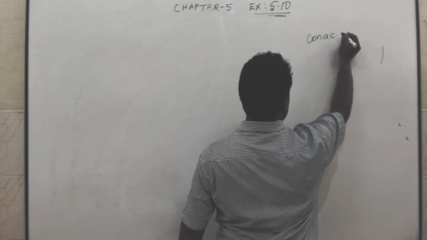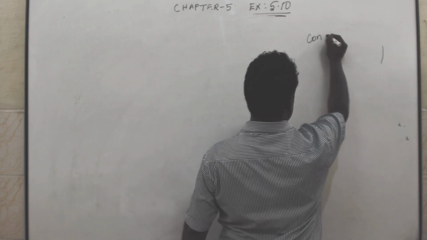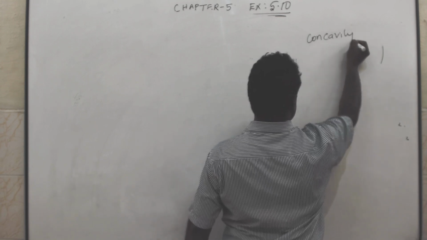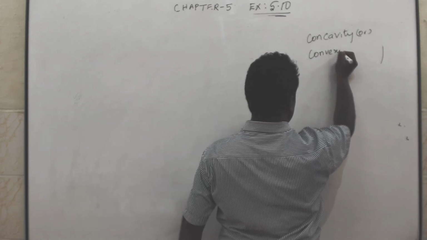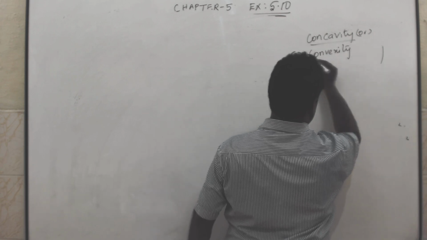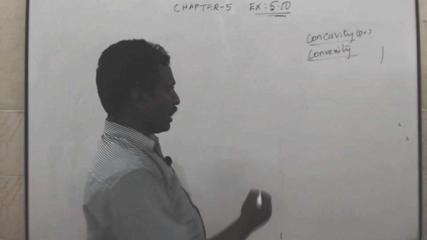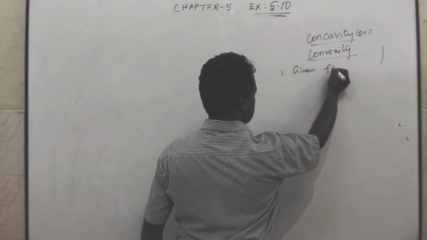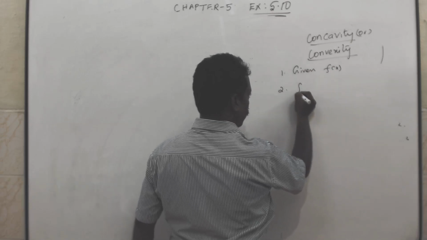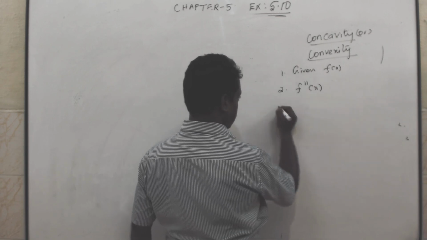Concavity or convexity. Step number 1, given f of x. Step number 2, find f double dash of x.